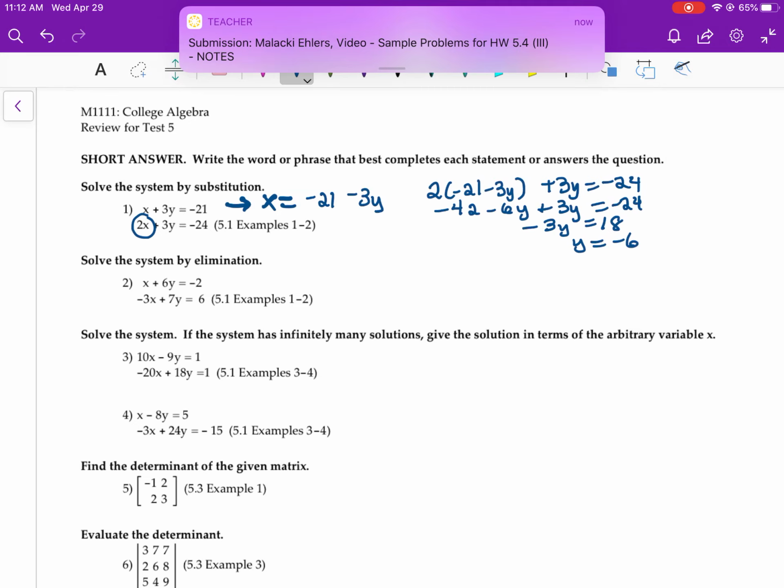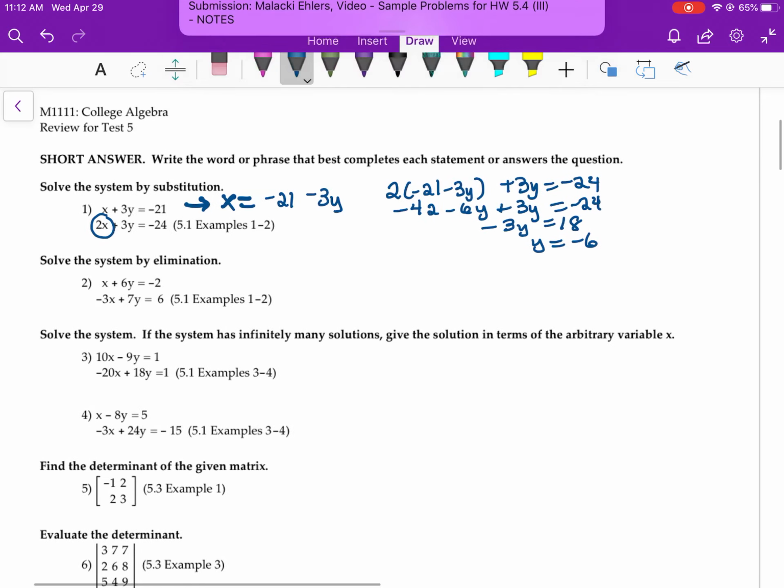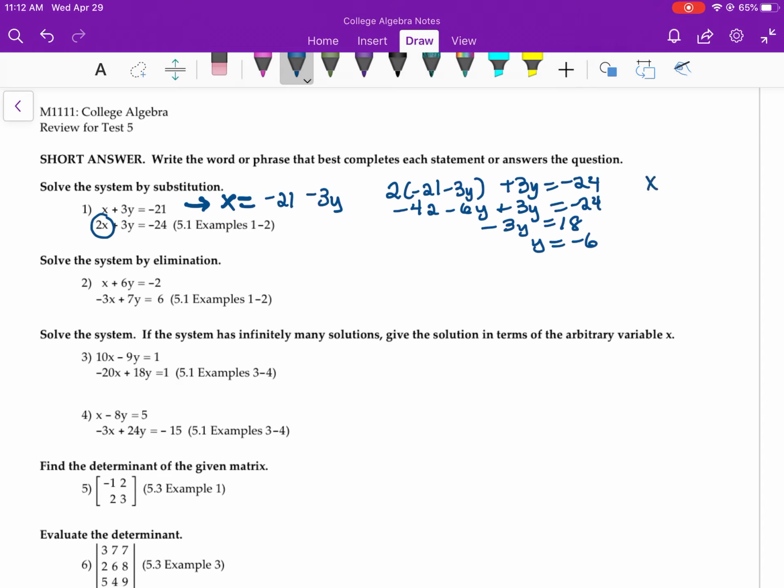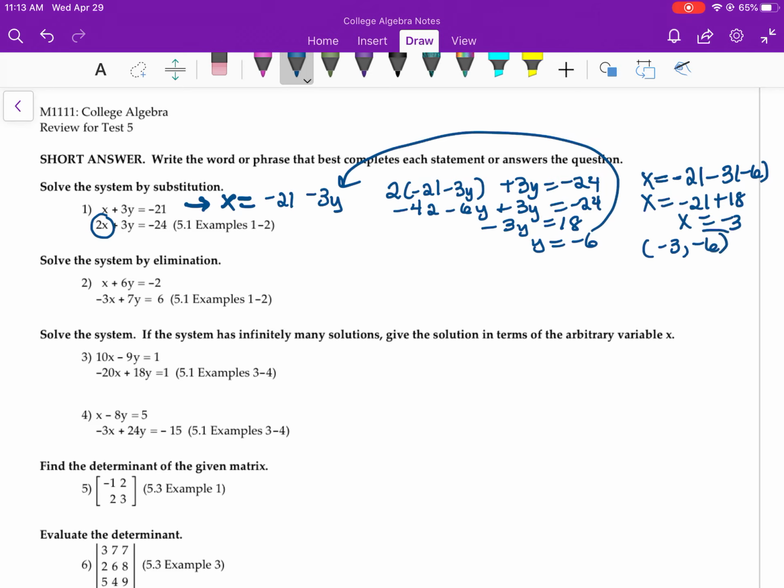And y equals -6. Now I'm plugging my -6 back into the first equation, actually. So let me do that again. I'm going to plug it in right here. I'm going to take that -6 right there. So we get the ordered pair -3, -6.